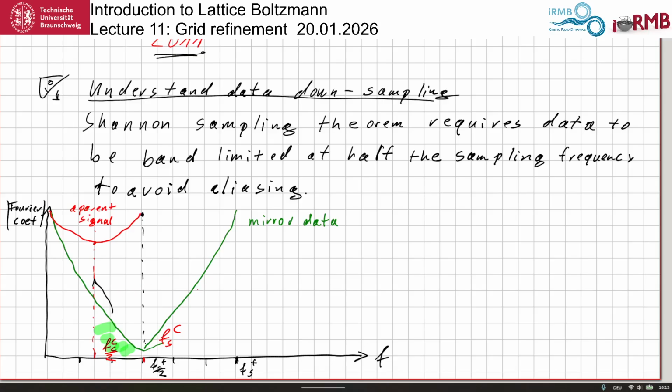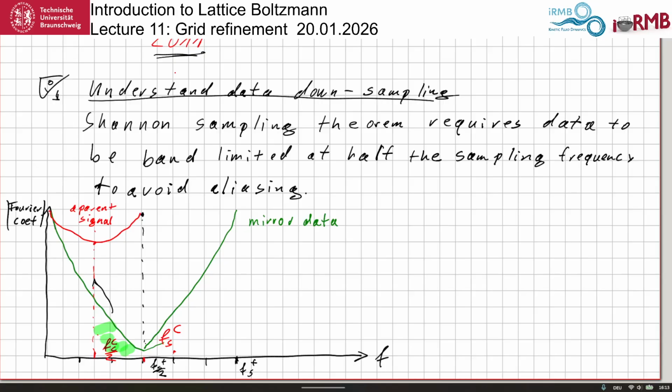If you have a frequency in your signal that is larger than half the sampling frequency, something on this side of the plot, then because of the symmetry, both sides of the mirror, this will be copied into the low frequency space.